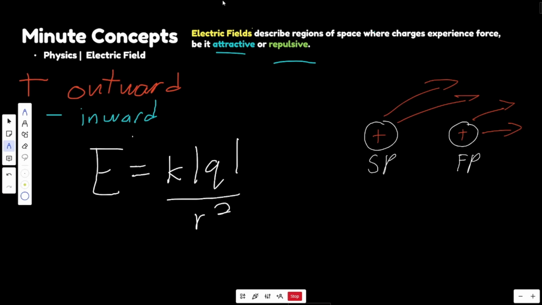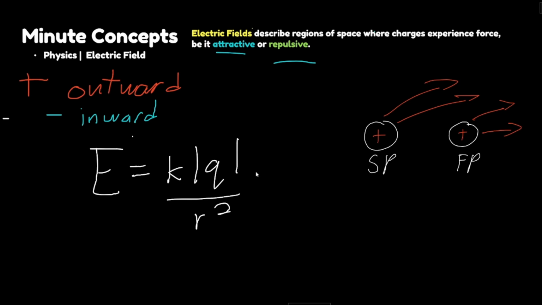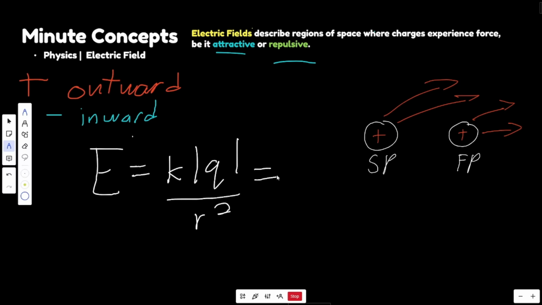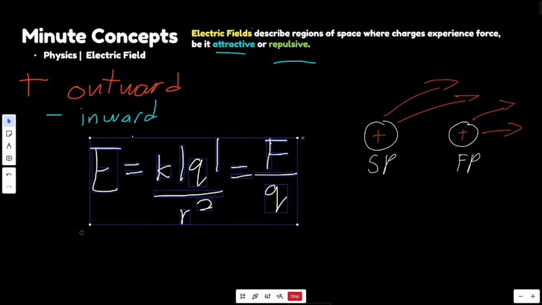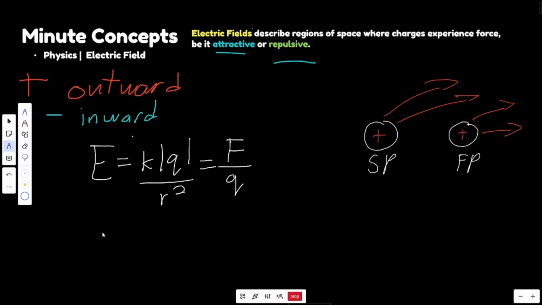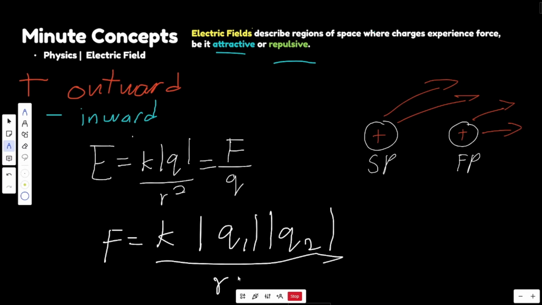Now, electric field can also be solved using another formula, which is F over Q. If you recall from our Coulomb's law, F is equal to Coulomb's constant times Q1, or for the sake we'll use Q, small q, Q1, Q2 over R squared.